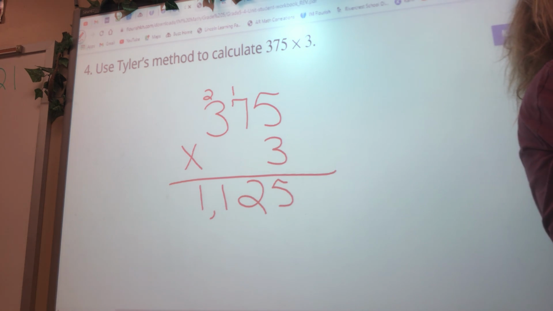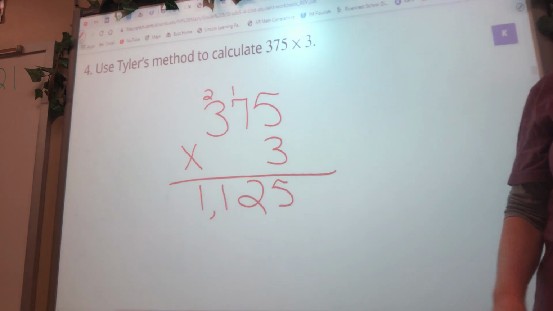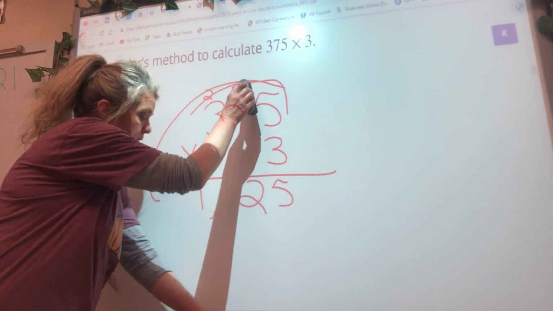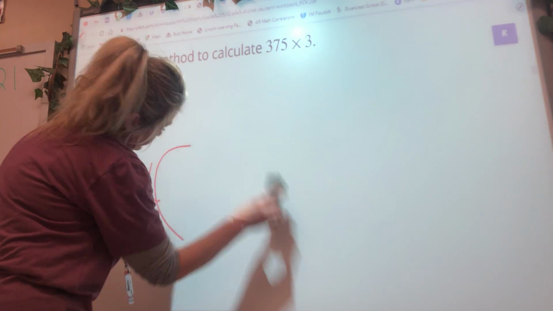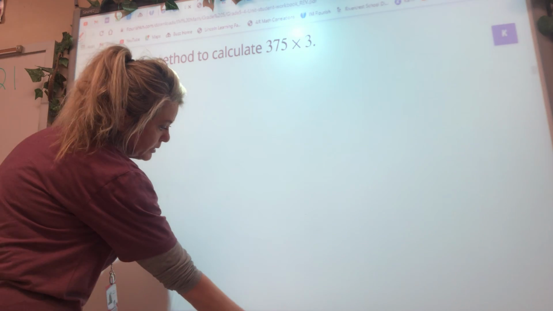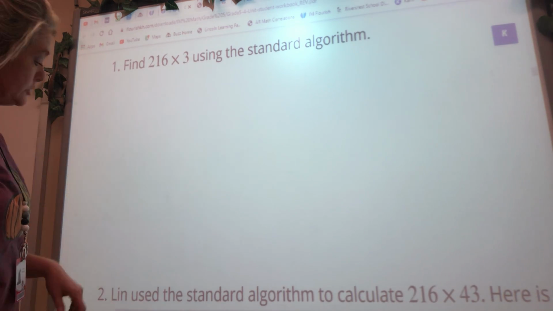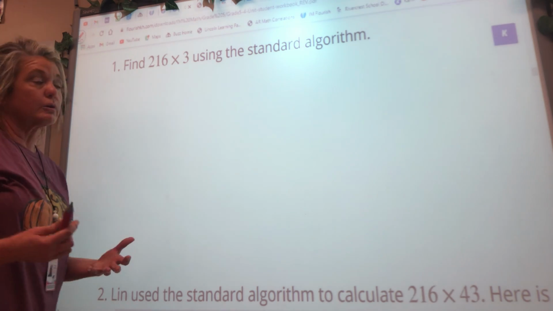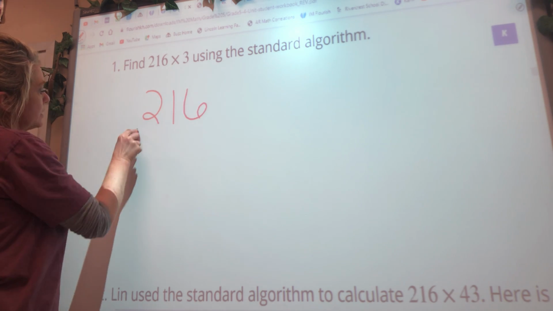All right, on the next page. Step number 1 says multiply 216 times 3 using the standard algorithm, and remember, algorithm just means steps. So we put our large number on top.